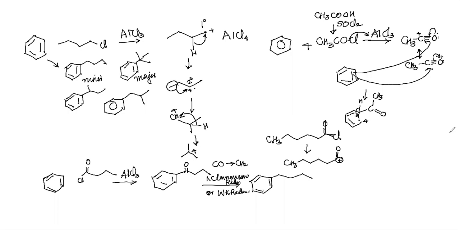Let us look at the effect of a group on the benzene ring, how it influences further chemical electrophilic reactions. Example, I take phenol, do a bromination. I get a 1, 2, 3 tri-bromo product.